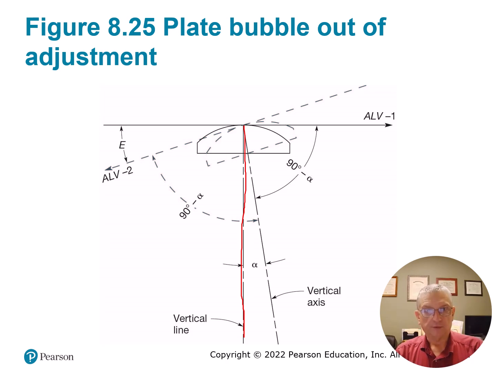And however much out of level you are, especially with a vial bubble on the side of an instrument, not your bullseye bubble, it's going to have some graduations on it that tell you how much actual rotation of the instrument head each one of those graduations on the bubble makes.